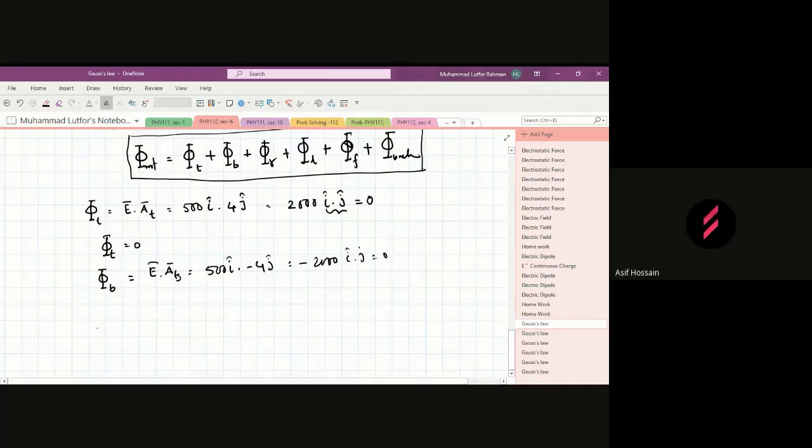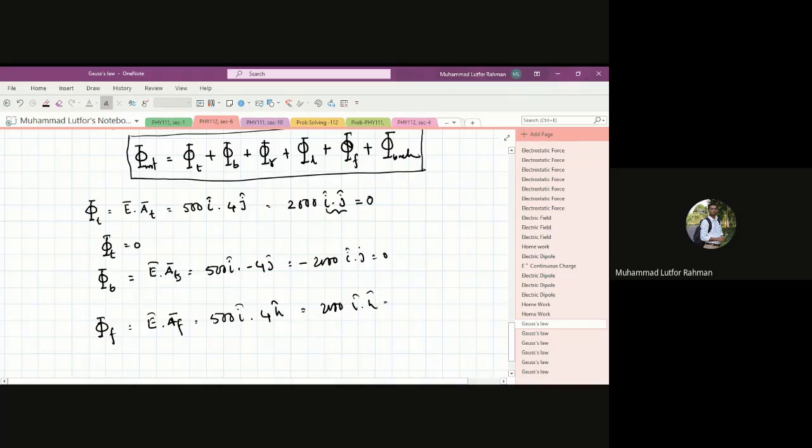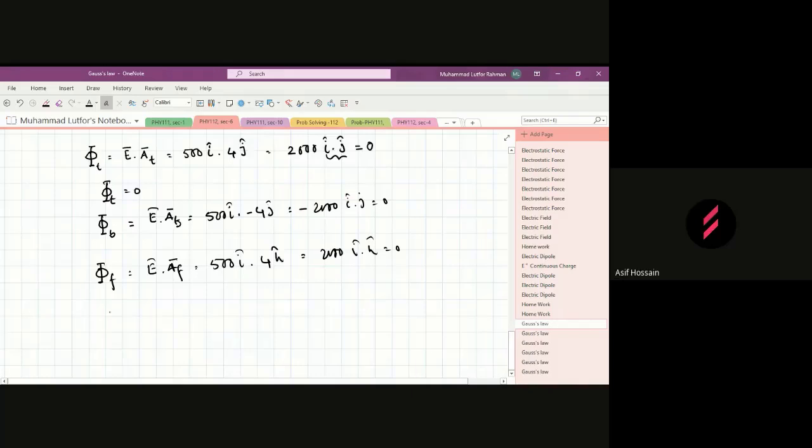Now you can find the front surface also, E dot A front. So it's 500 I hat dot the front, which is 4 K hat. This is going to be 2000 times I dot K, which is 0. I'm finding this out mathematically. And for the back surface, it would be E dot A back.